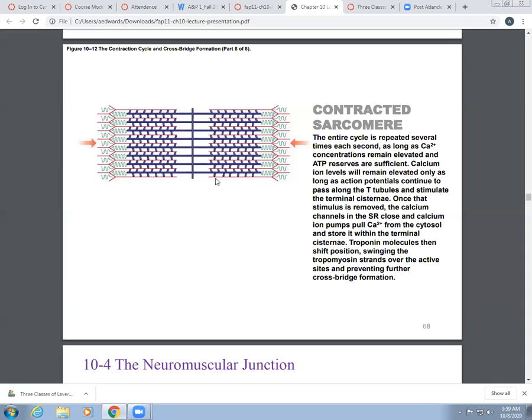Essentially, your H zone decreased because of the increased overlap. But the dark bands are actually still the same length. So your thick filaments stay the same size. This is what I want to make sure you understand.